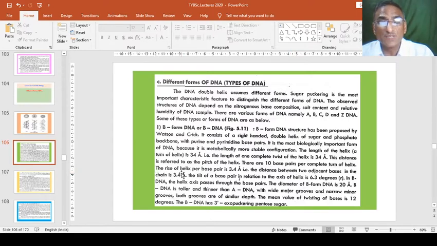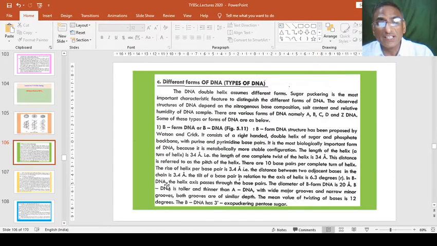The rise of the helix per base pair is 3.4 angstrom. That is, the distance between two adjacent bases in the chain is 3.4 angstrom. The tilt of a base pair in relation to the axis of the helix is 6.3 degrees.